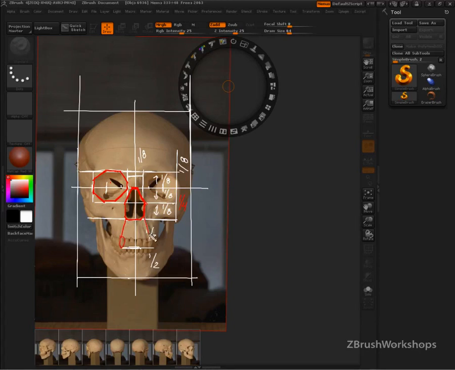That's called the canine. The canine tooth is the turning point for your mouth. It turns off to the side at that point. And this could be wider or smaller. It all depends on the person.